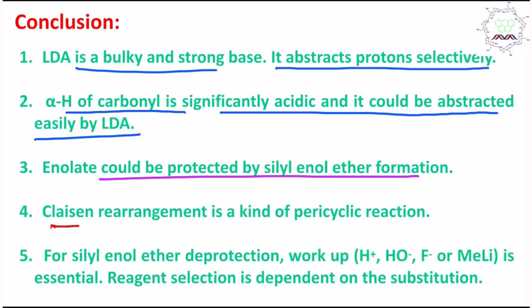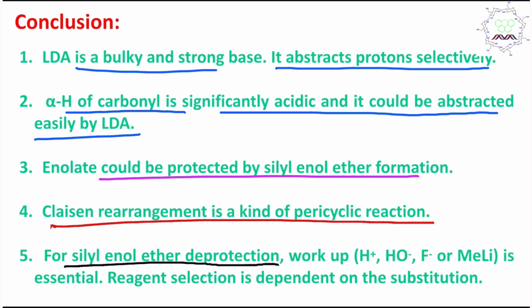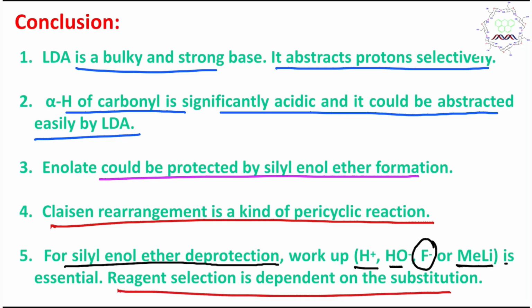Next, Claisen rearrangement is a kind of pericyclic reaction, a 3,3 sigmatropic shift. For silyl enol ether deprotection a workup is needed, meaning H plus, OH minus, fluoride, methyllithium, etc. are essential. Without such a reagent, the silyl enol ether will remain. Reagent selection is actually important for such reactions.